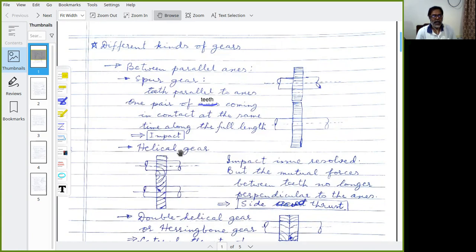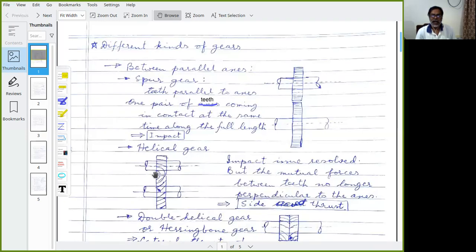However, a new issue now comes because in the spur gear, the force transmitted from one tooth of a gear to one tooth of the other gear was perpendicular to the axis, and that's why there was no axial force.